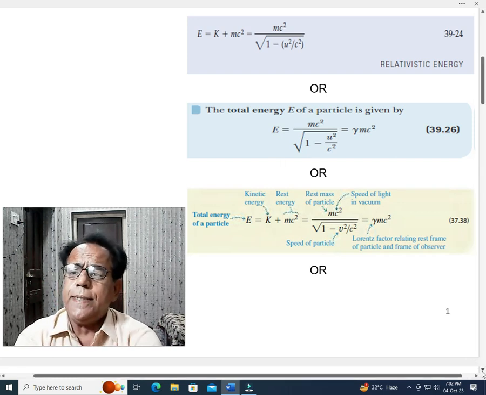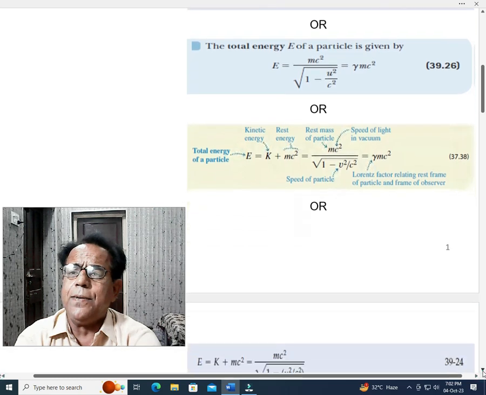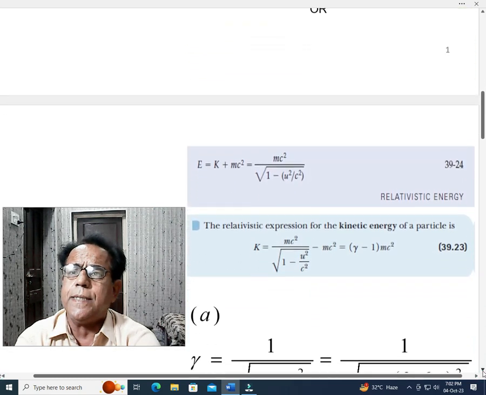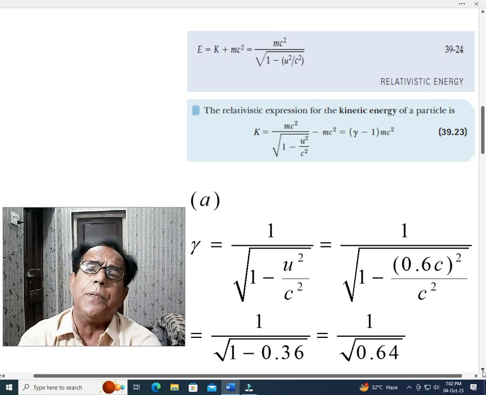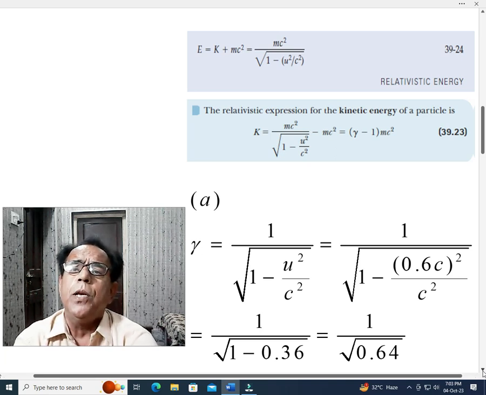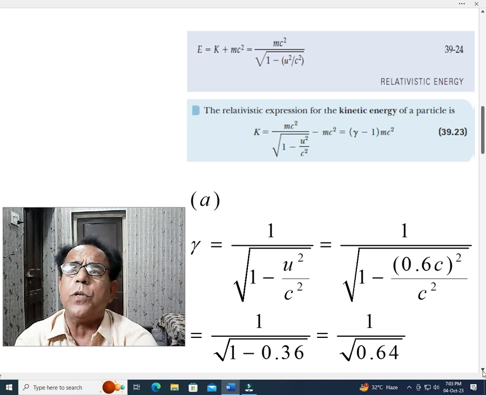Dear students, next to this another alternate version of this snapshot is given. Okay, E equal to K plus mc². This alternatively becomes equal to mc² over under root 1 minus u² over c². Okay, relativistic energy.